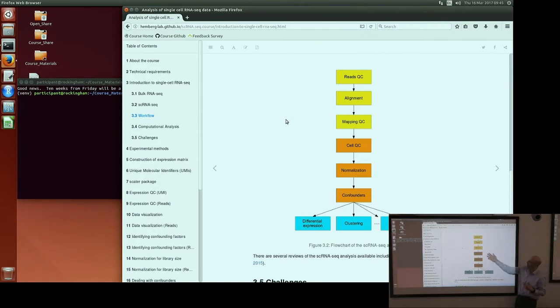The next few boxes are quality control, and here we'll be talking about methods that have been specifically developed for single-cell RNA-seq on how to ensure that the data is of high quality. Whereas these yellow boxes are also quality control aspects, but again, they're at the level of reads, so they don't need to be specialized for this.